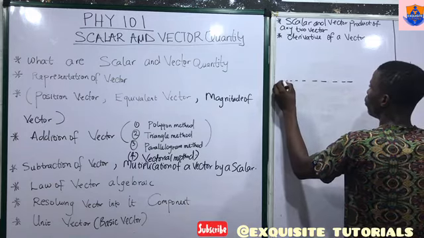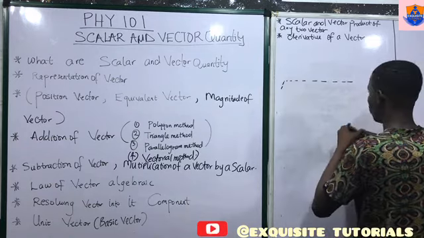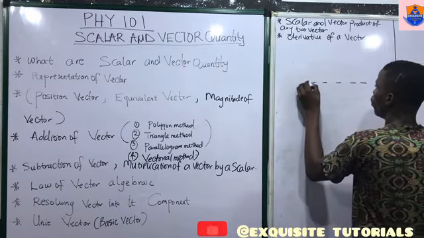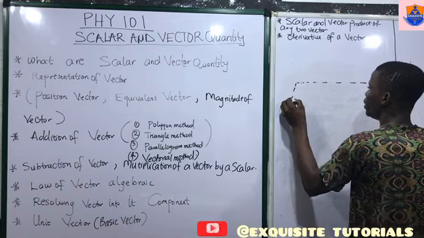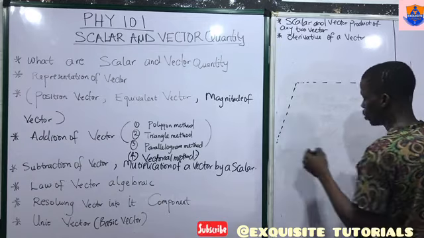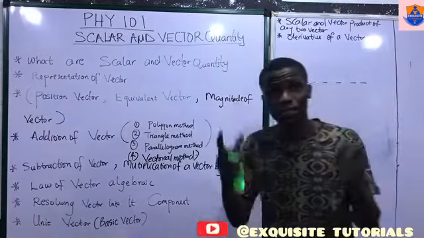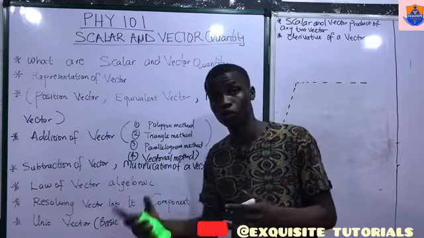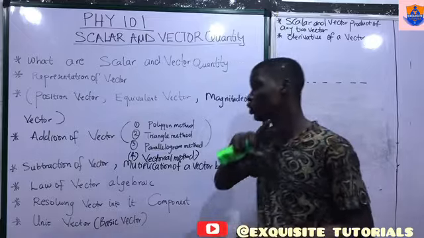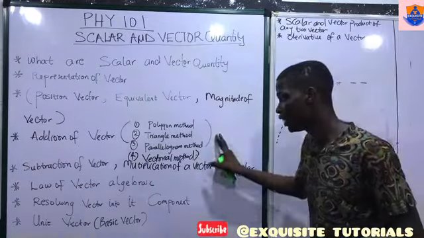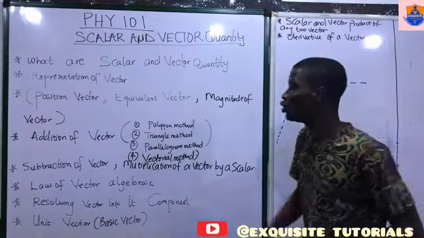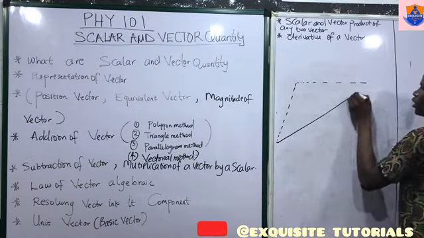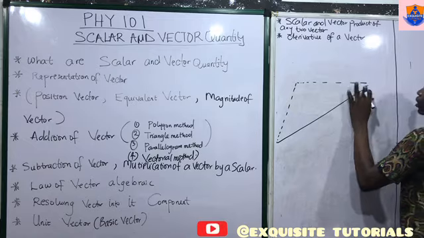From what I've seen so far, I noticed that all the techniques for adding vectors interrelate with each other. The head to head and the tail to tail for the resultant can be used to verify any of these vector methods. So let's assume this is the resultant, being the diagonal of this parallelogram.